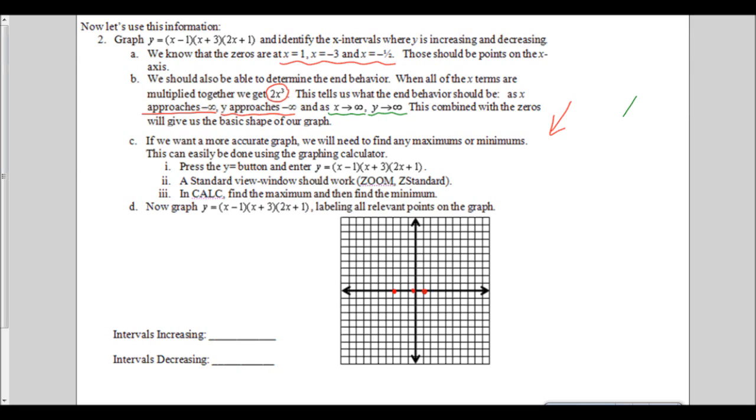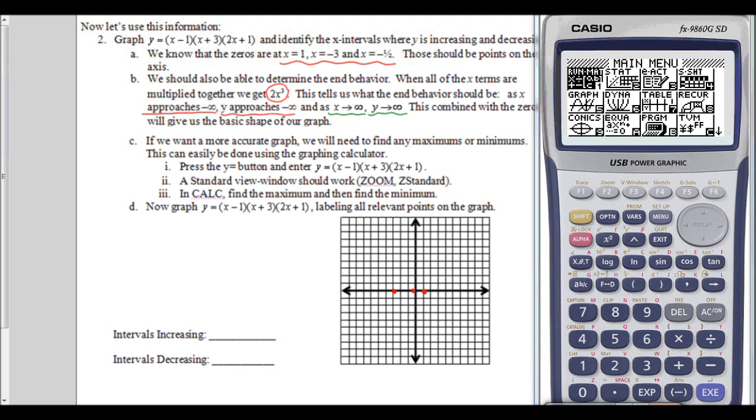And over here on the right side, as x approaches positive infinity, I'm up. If I have to cross at 3 places in between, I'm going to have to do something like this to make that happen. So if we want a more accurate graph, we're going to use our calculator to put this function in.